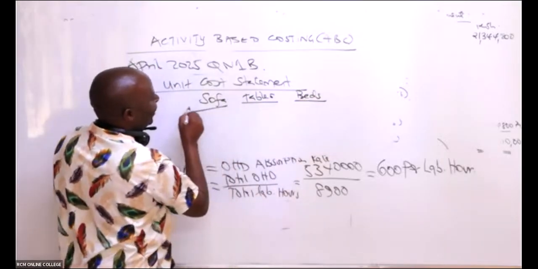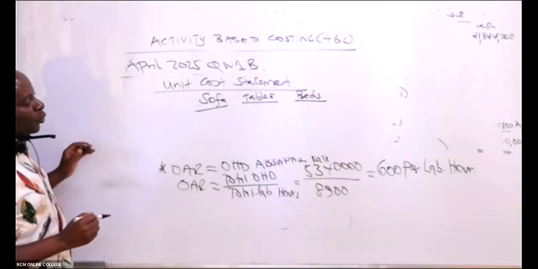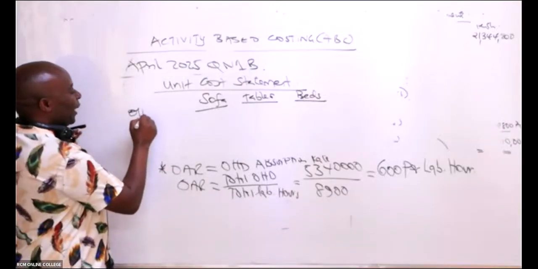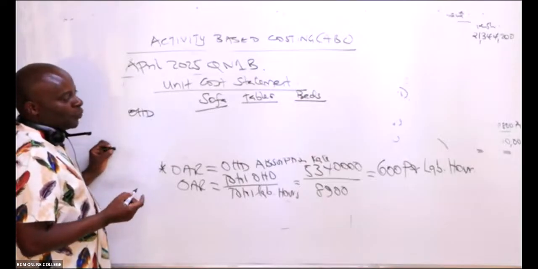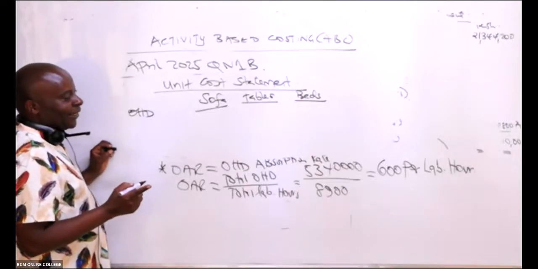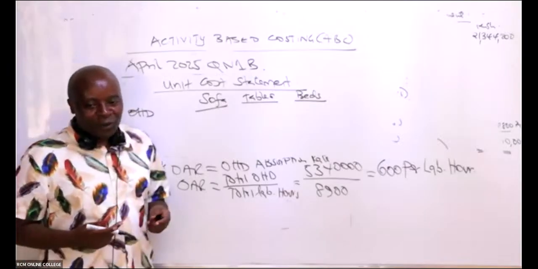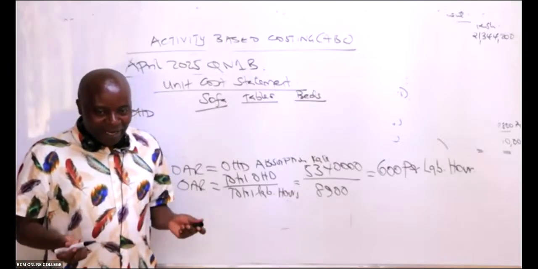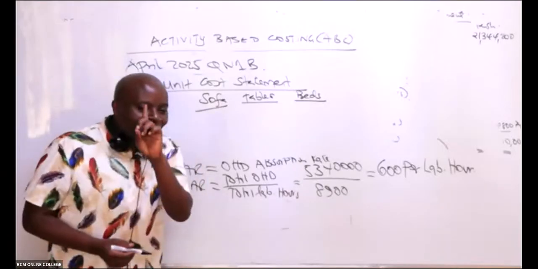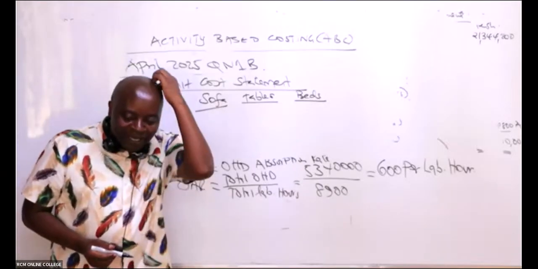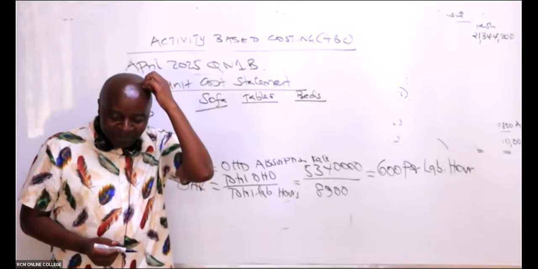Great. So we start here with the overhead for each unit, for each sofa set. Remember, we are absorbing this overhead using which criteria? Labor hours. So we'll take the labor hours needed to make one sofa. How many hours do you need to make one sofa?